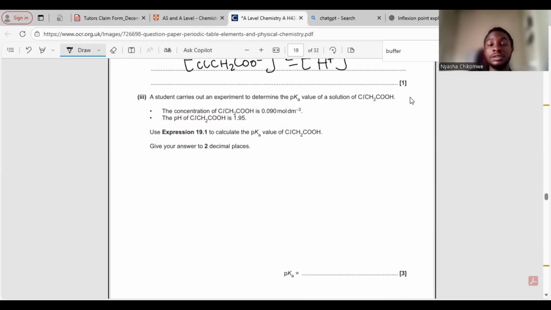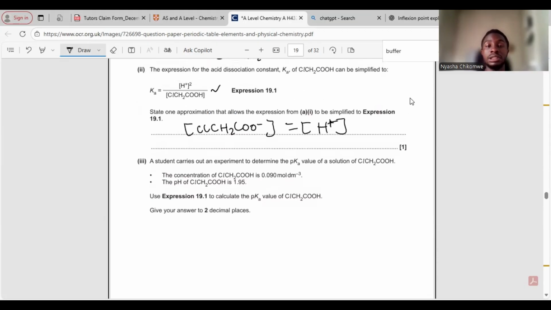So a student carries out an experiment to determine the pKa value of a solution of chloroethanoic acid. The concentration is given, the pH is given, and then use the expression in 19.1, which is this expression here, to calculate the value of pKa for this chloroethanoic acid.